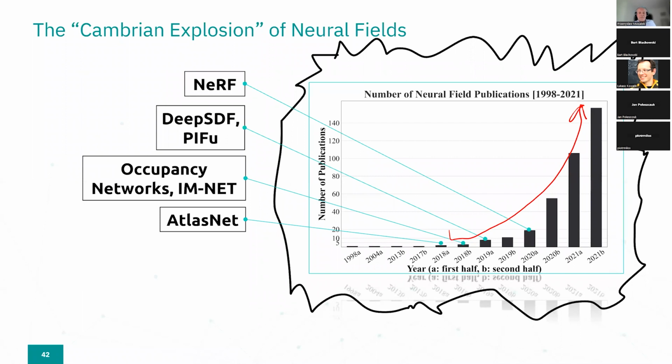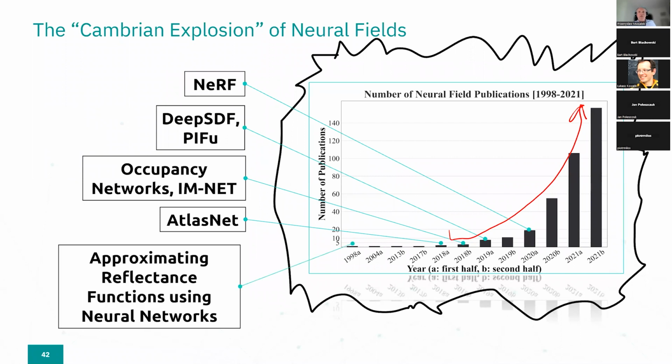So, but neural fields are not necessarily super new. Here's a paper from '89, which introduced already the concept of encoding a field function using a neural network. Unfortunately, at the end of the 90s, neural networks were still not very large and powerful, especially due to the hardware. GPUs popped up at the end of the 90s.